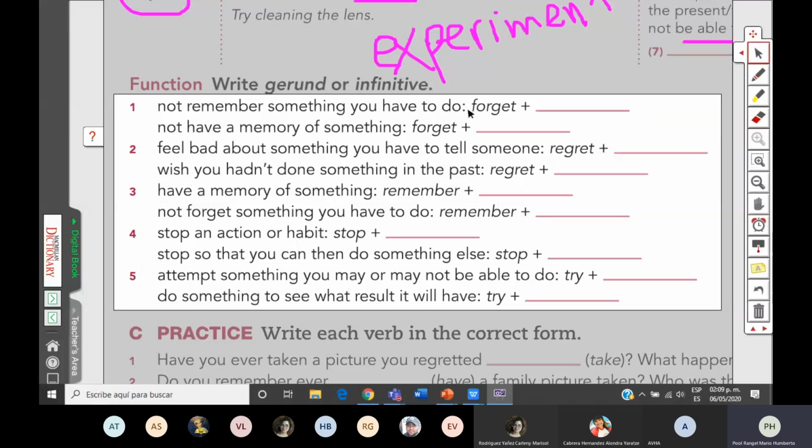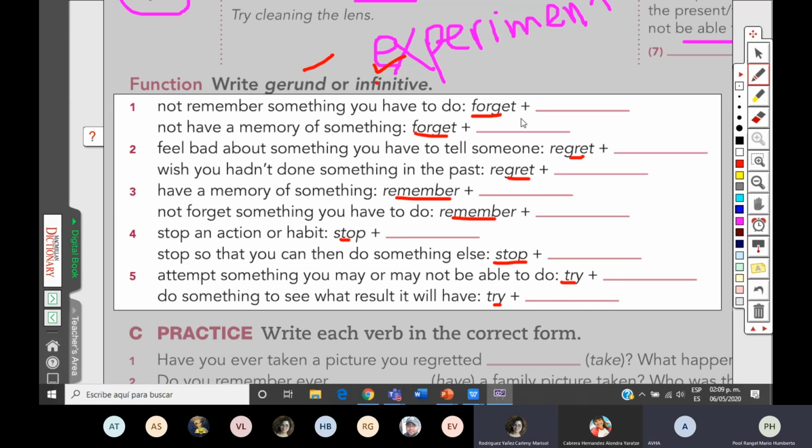This function, lo único que tenemos que poner aquí es si es forget con infinitive or forget with gerund. Aquí ya tenemos forget y forget. Regret, regret. Remember, remember. Stop, stop. Try, try. Pero ahora viene la definición.